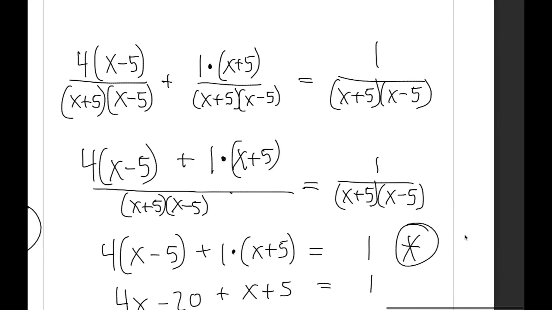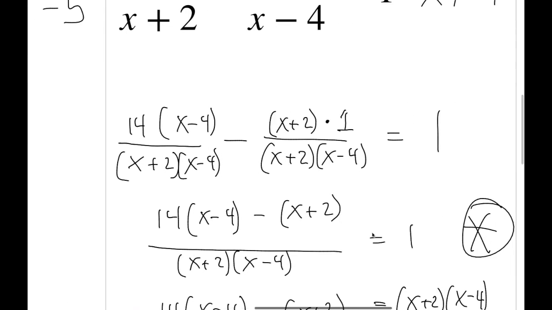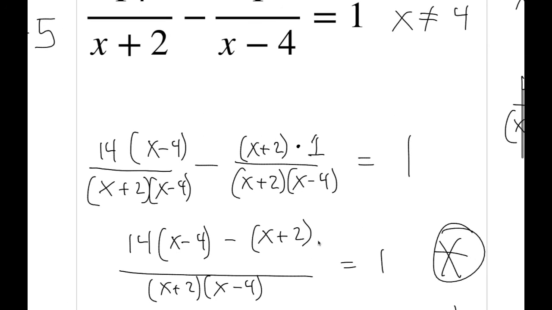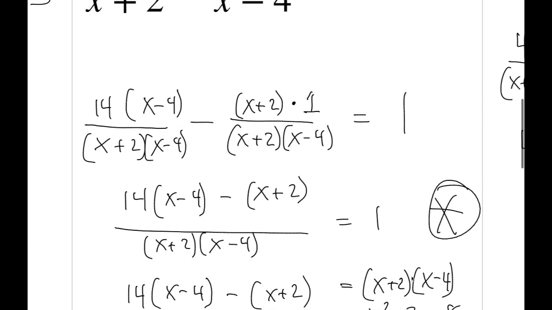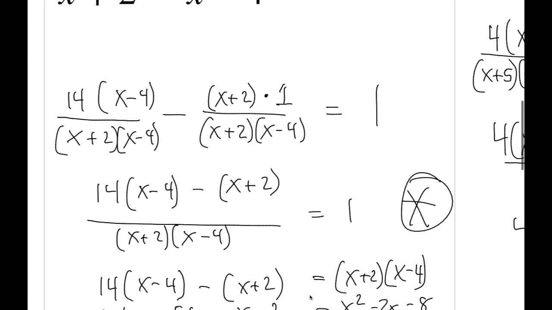So we just have to be really careful, and at this point we realize, yes, we are required to check our solutions. When we multiply both sides by that denominator, you get this. You can see we still have the numerator, but the denominator gets moved over here because it cancels on this side, and 1 times the denominator is the denominator.